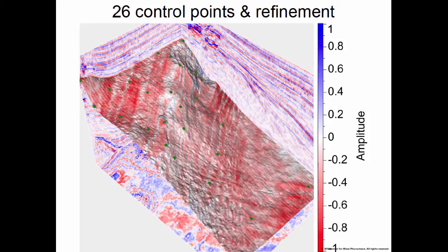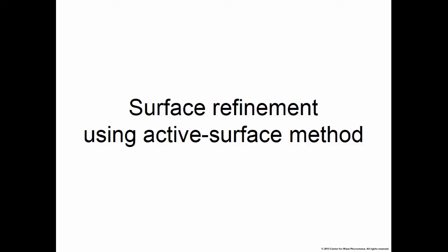So now let's go to our final part, and I will talk about the seismic horizon active surface method to refine the extracted surfaces to reveal more geologic detail.